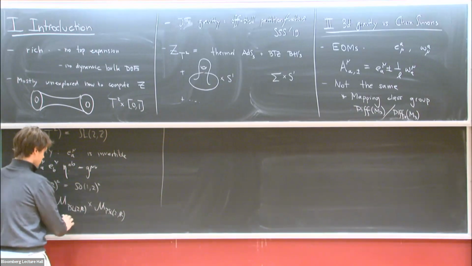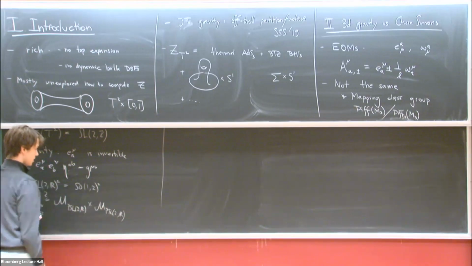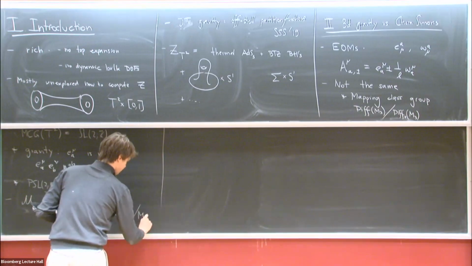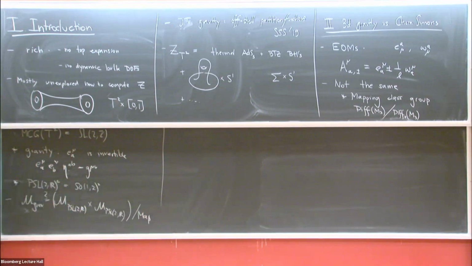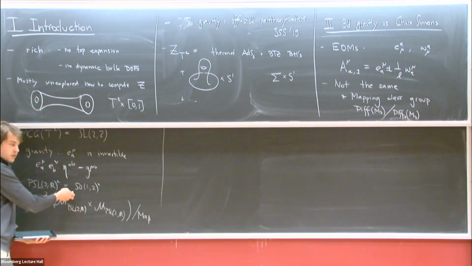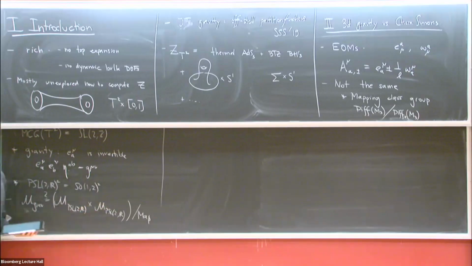So the first issue is that there's a mapping class group that acts on these PSL2R connections, and the correct way of acting on them is by a diagonal action of the mapping class group. So in general, there's a mapping class group action on this component and on this component, but we want to act on the diagonal.